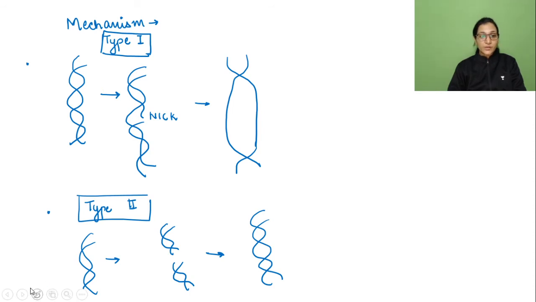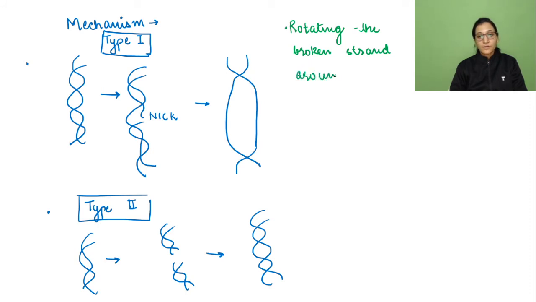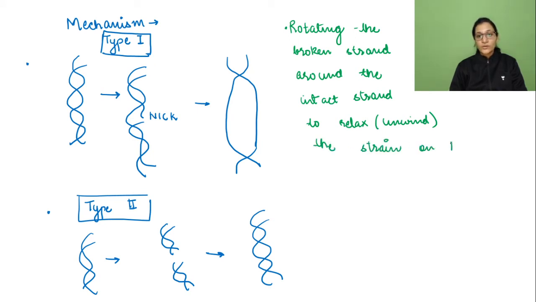Let us see this in the theoretical way. Rotating the broken strand around the intact strand, so the broken strand will be rotated around the intact strand to relax or unwind the strain on the DNA helix, followed by resealing of the ends of the broken strand.